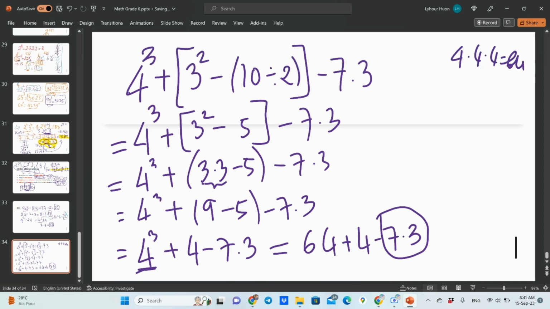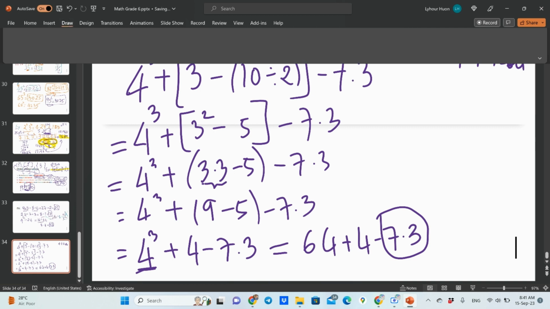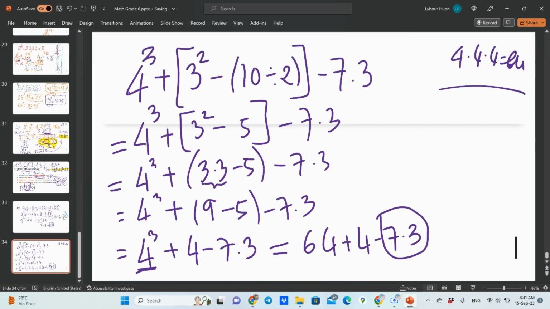Then it's 64 plus 4 subtracted by 21. So 64 plus 4 minus 7 times 3, the 7 times 3 is 21.